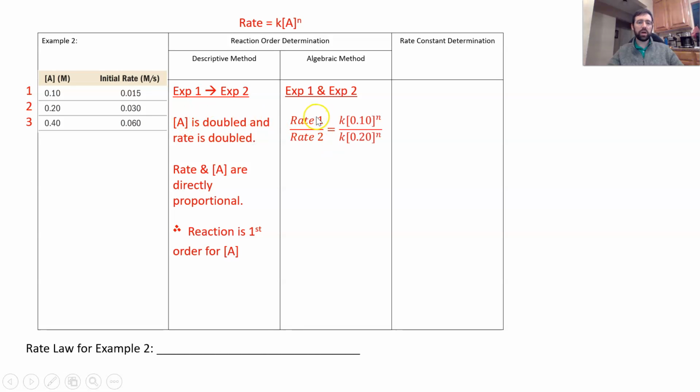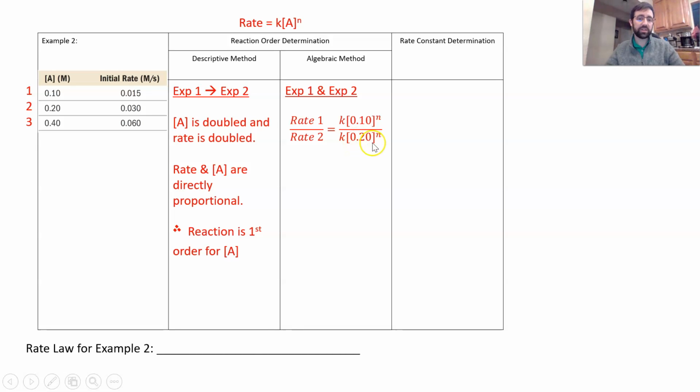So I have rate 1 over rate 2 equals k times 0.10 to the n power over k times 0.20 to the n power. So what I've done is I've got my initial rate, rate 1 over rate 2, equals the rate constant times the concentration from trial 1 to the n power over k times the concentration from trial 2 to the n power. And we're going to solve for this.